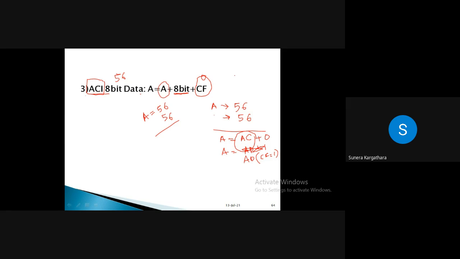Very good. It uses immediate addressing mode and is a 2-byte instruction. Now what is the status of the flags? Just tell me with respect to this AD result. I think all flags will be 0. 1010 is A, and what about D?